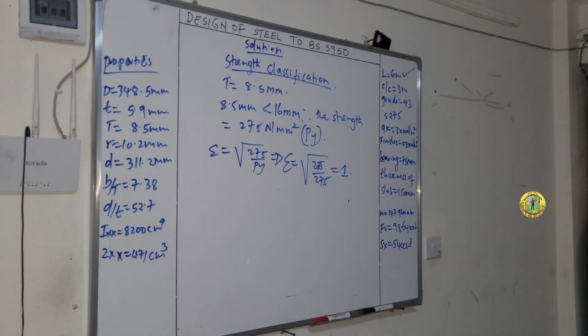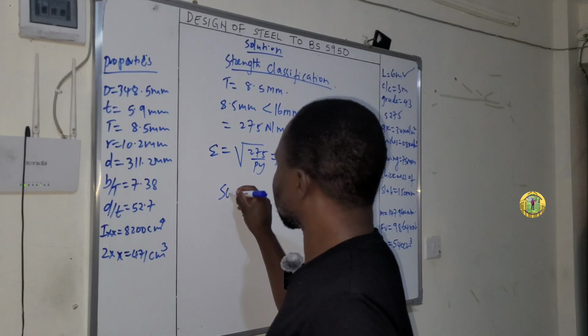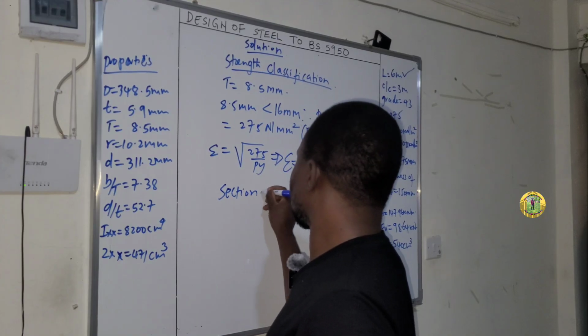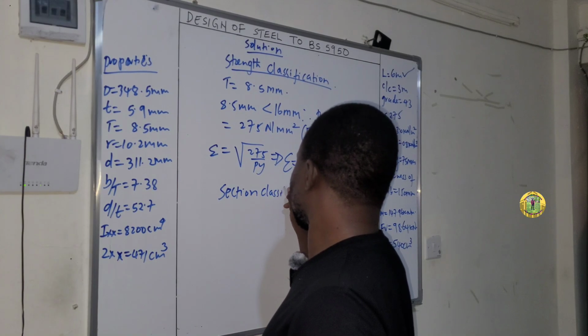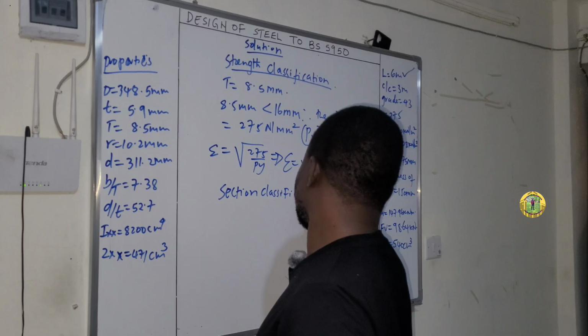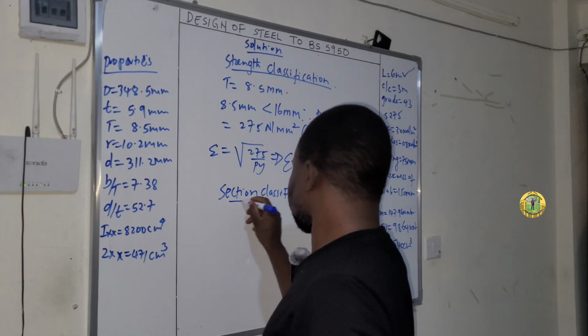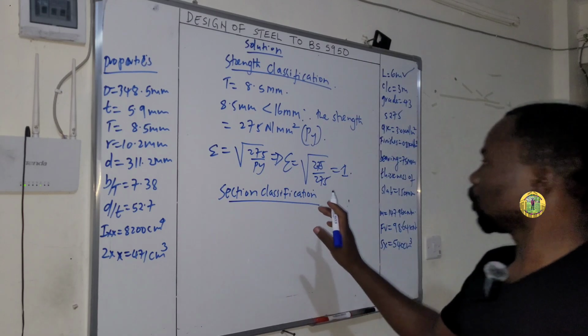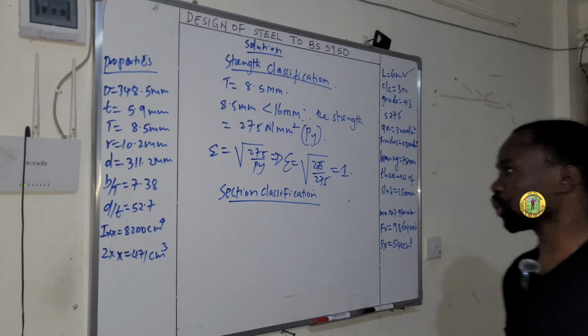We now proceed to section classification. Again, I will not show you the table for this section classification.